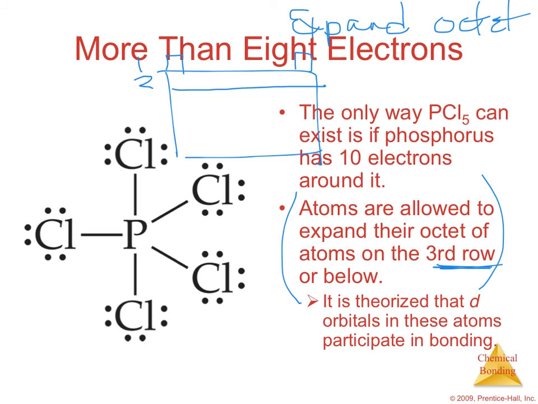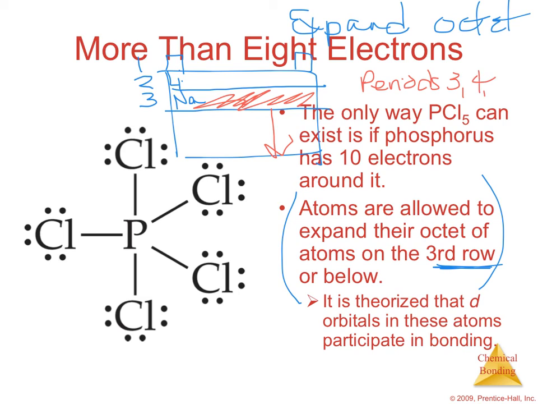Here's row 2 with lithium, and then here's row 3 starting with sodium. So any elements in row 3 or below on the periodic table chart can expand their octet. So periods 3, 4, 5, and 6 can expand their octet or hold more than 8 electrons.